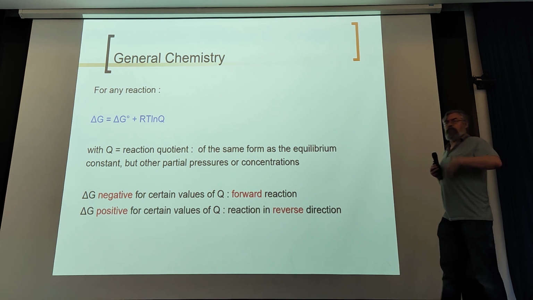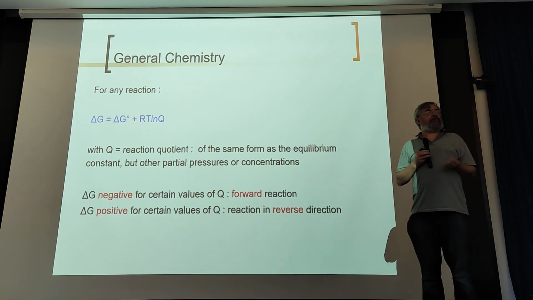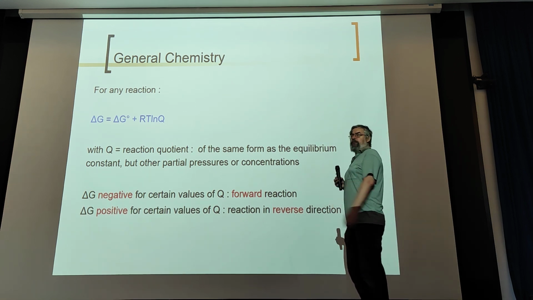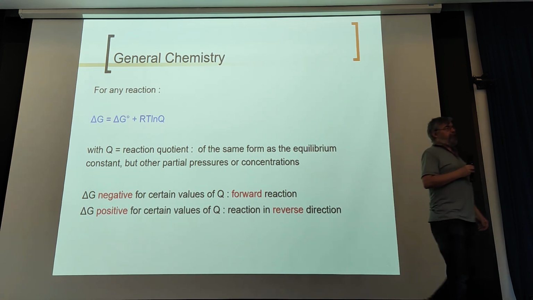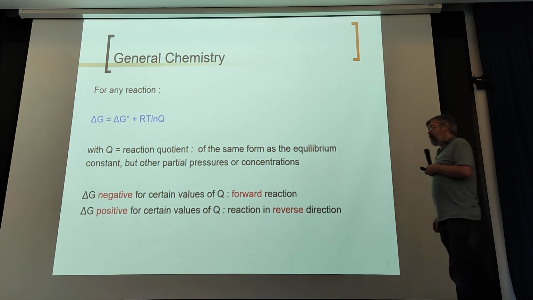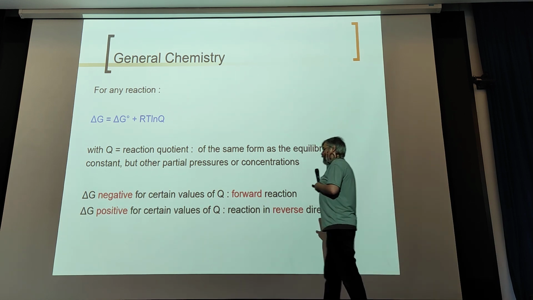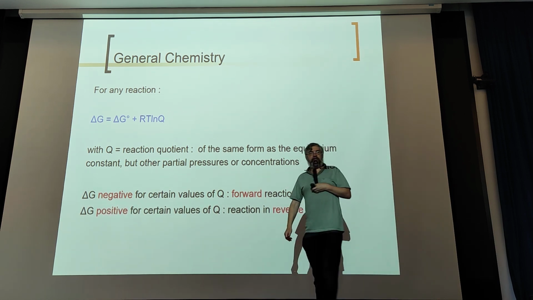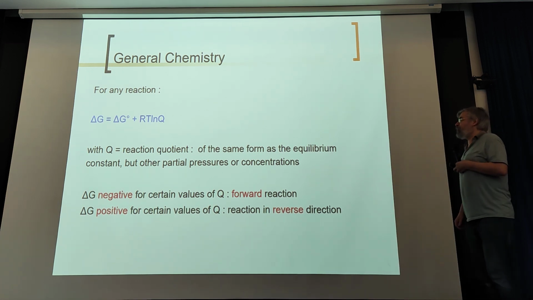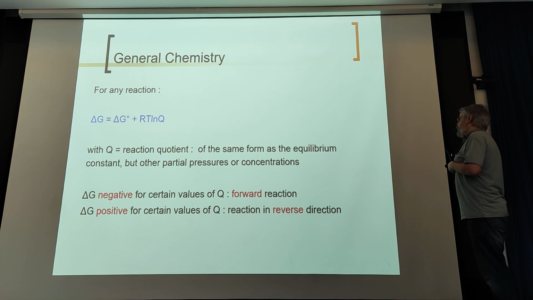Delta G at any kind of condition, concentration and pressure is delta G under standard condition plus the term RT multiplied by ln Q. And Q is, as you know, the expression in the same form as the equilibrium constants, but not necessarily equilibrium concentrations. This might be the initial concentrations. This is a reaction quotient.